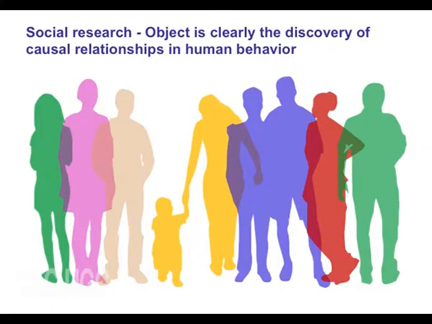The object of social research is clearly the discovery of causal relationships in human behavior. It is generally acknowledged that in human behavior, as much as in natural phenomena, a large degree of measurable and predictable sets of associations occur.